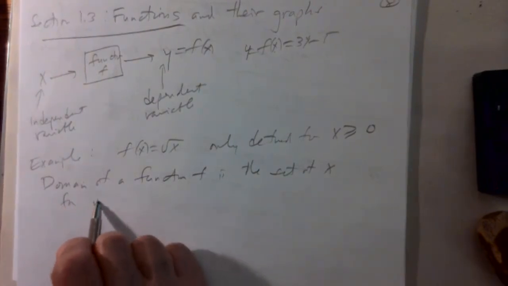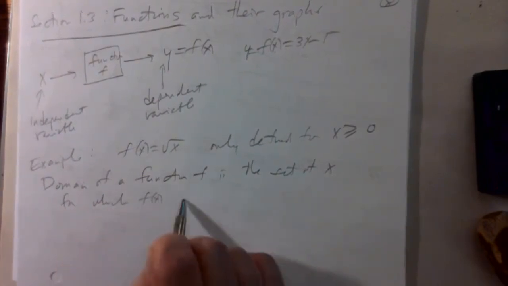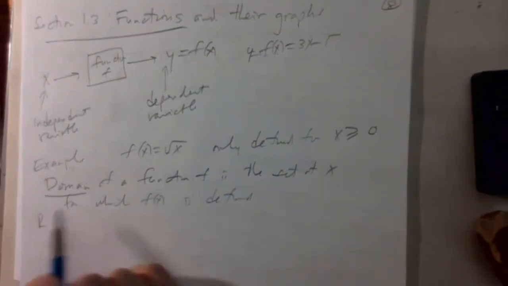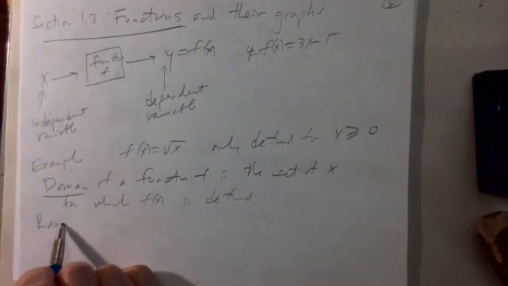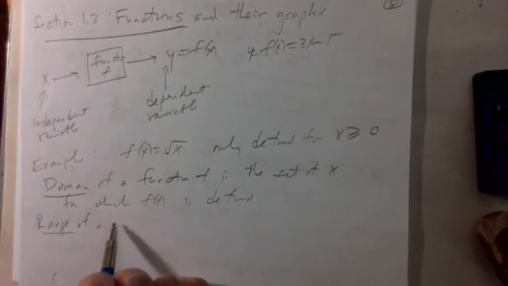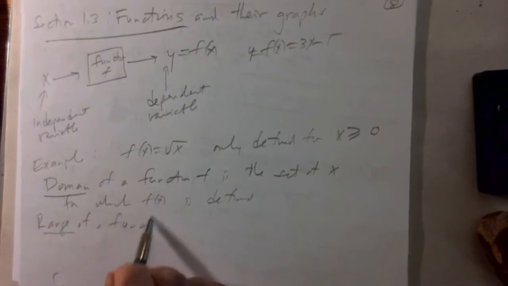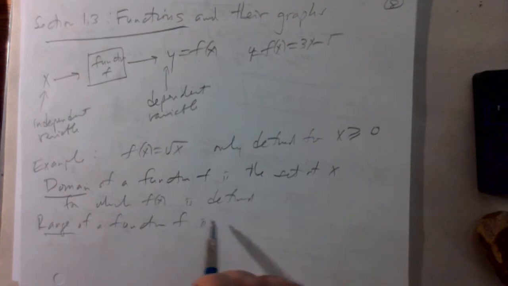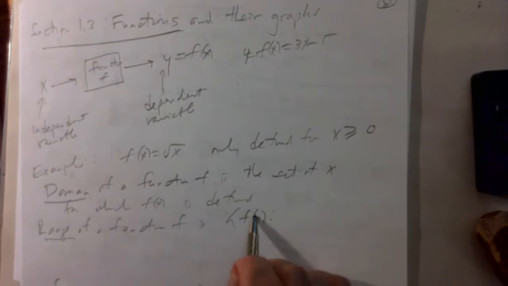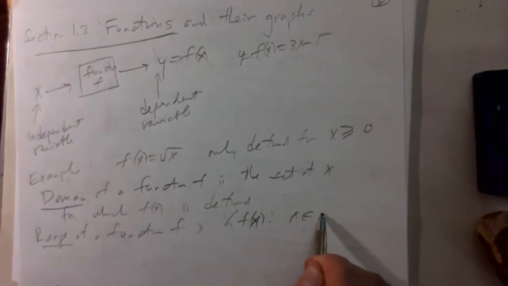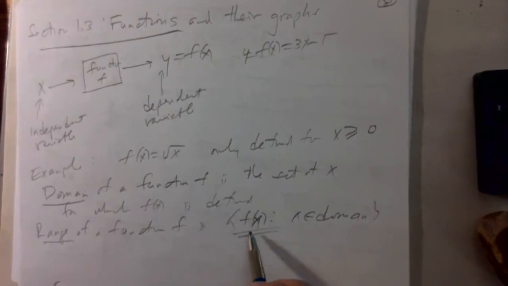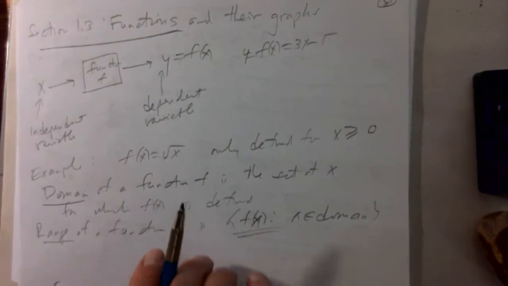I'll make it easy: for which f of x is defined. And the range of a function f is the set of all values f of x for all x in the domain. This means all the values of f of x that can come up.